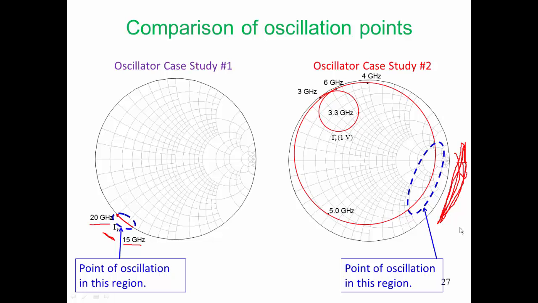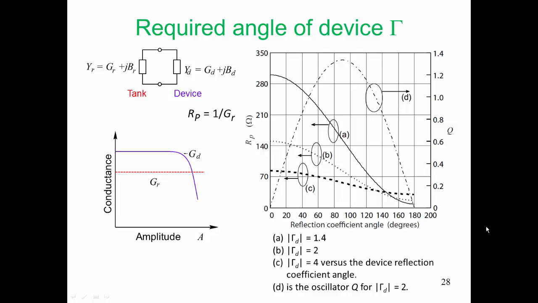Now we can put that requirement in a much more formal way, maybe a little bit harder to understand, by considering this curve here. This curve plots the parallel resistance of the tank circuit versus gamma D. So we have curves A, B, and C here for different gamma D. This is saying that if gamma D is equal to 4, so that would be at a very small signal, we're producing a very large negative conductance, or I should say a large in magnitude negative conductance.